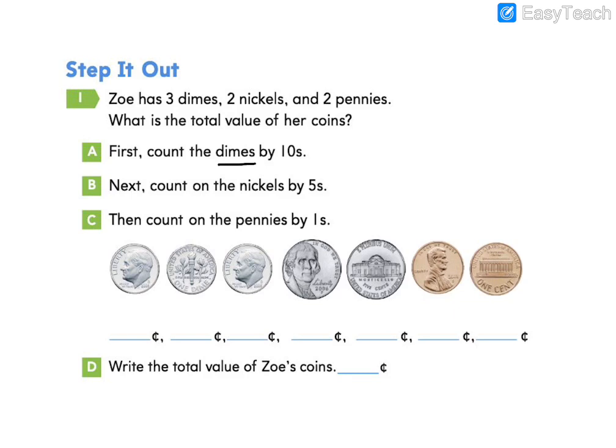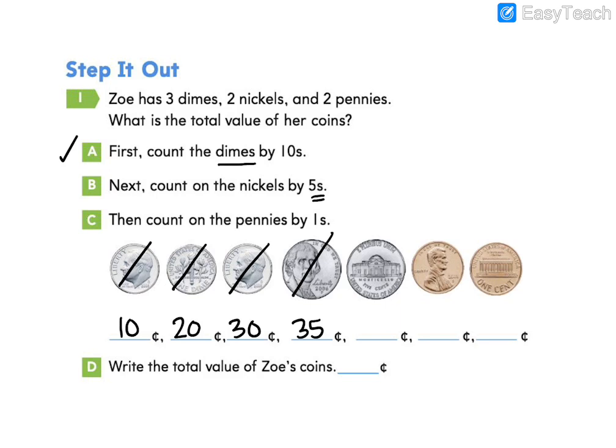I have 1 dime here, 10, 20, 30. Okay, I've counted all of my dimes. Now I'll count my nickels. I know that a nickel is worth 5, so I need to think about the next 5 from 30. 30, 35.